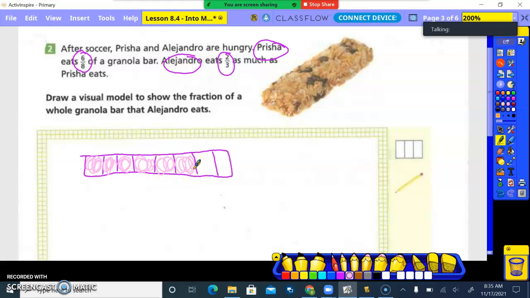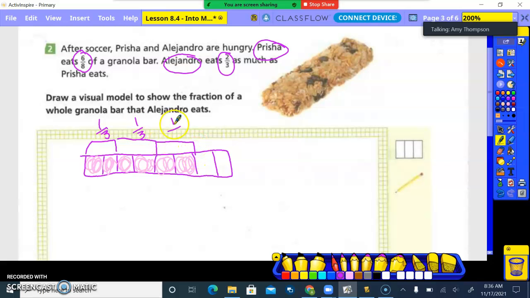Okay, now each of those 1/6 can also equal what for thirds? So technically, this would be 1/3, right? Because 2/6 is also equivalent to 1/3, right?